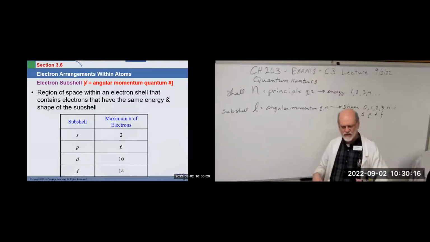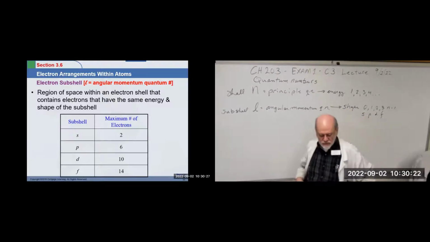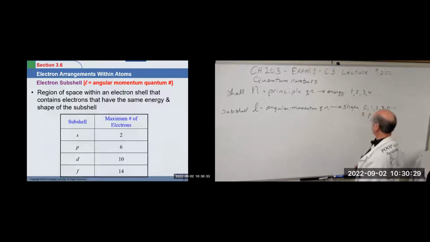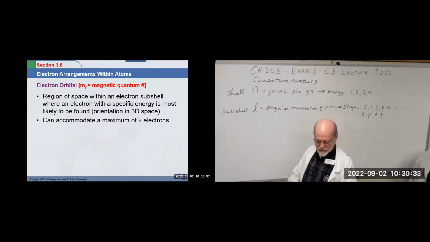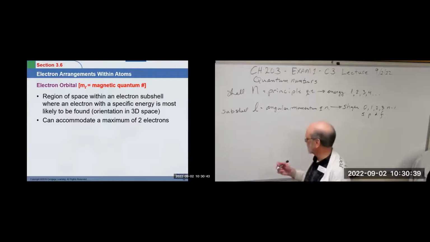I mean, theoretically, you can go to G's and H's, but I guess you could promote electrons into those orbitals if you want. But we're not going to do it. So that's n and l. I need 2 more, right? All right. Angular momentum quantum number, and now the magnetic quantum number.